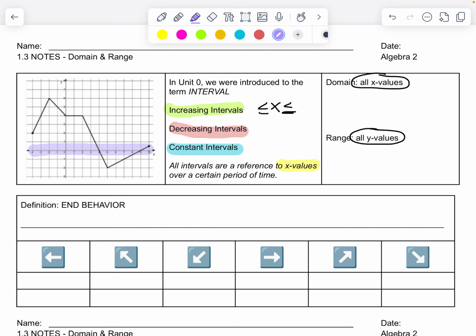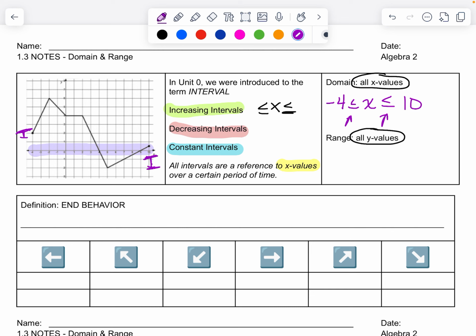So in that scenario, we're able to say, for our domain, that we would go from -4 less than or equal to x less than or equal to 10. Something to talk about here is these lines underneath the arrow. I do have an included dot right here, and I do have an included dot right here, so those arrows have lines underneath them.